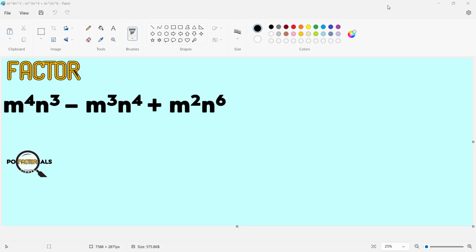But if you have noticed, all the numerical coefficients are 1. The first numerical coefficient is 1, the second is a negative 1, and the third is also 1. That would mean that we cannot create other common factors for the numerical coefficient aside from 1.